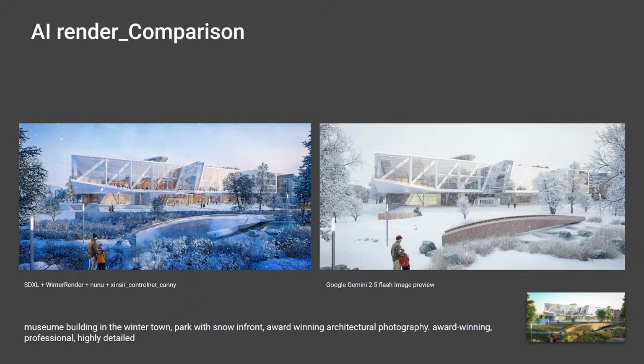I would say Gemini is much better for this task, because SDXL is okay, but the thing is I trained a LoRA for these exact winter renders. So if I need night renders, I need to train another LoRA. I did it, of course, but for any type of such job, you need to train your own specific LoRA.